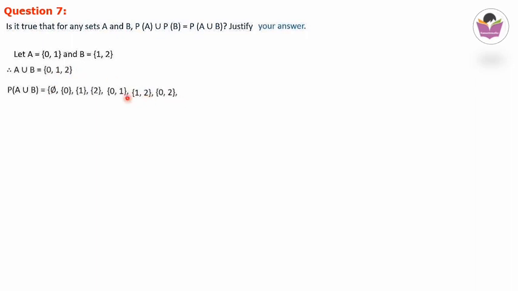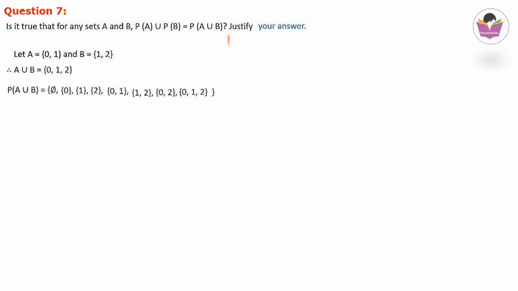So we have taken one element and two elements. Now only one option remains, the entire set {0, 1, 2}. This is the power set of A union B. How do we calculate it? First we calculate A union B, then we write all the subsets together in set notation, and that is called P of A union B.